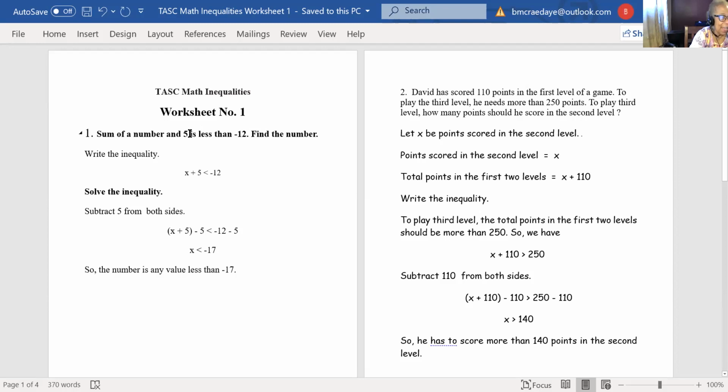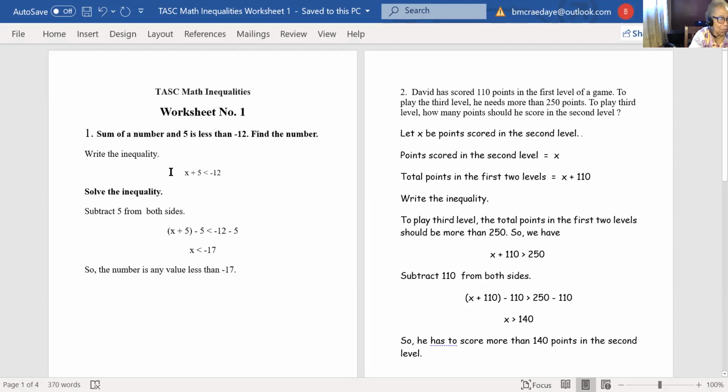It would be x plus 5, less than, there's the less than symbol, minus 12.